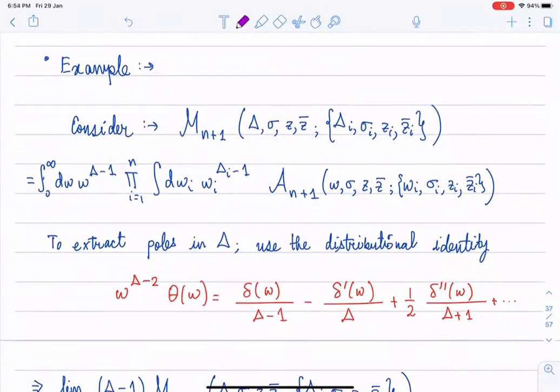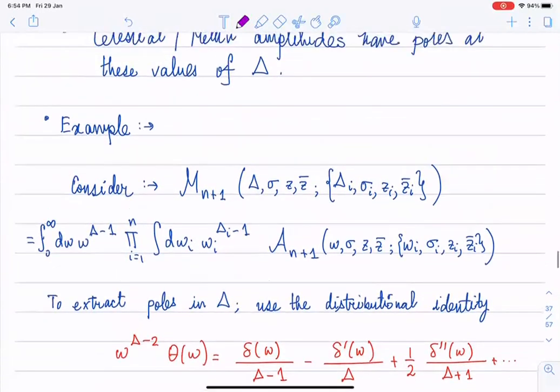Let's consider some generic n plus 1 point Mellin amplitude, which I have denoted as this guy here, M_{n+1}, which is some function of these conformal dimensions delta, and then there are also the spins sigma and so on, and the z, z bars are of course there. Okay. So that object by definition is given by this integral transform of the n plus 1 point momentum space scattering amplitude.